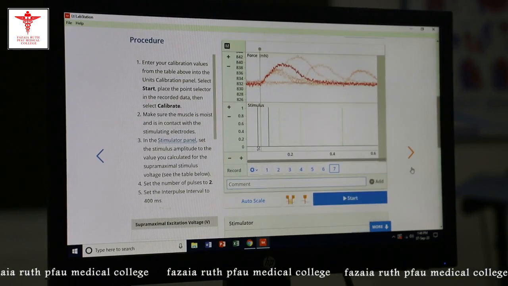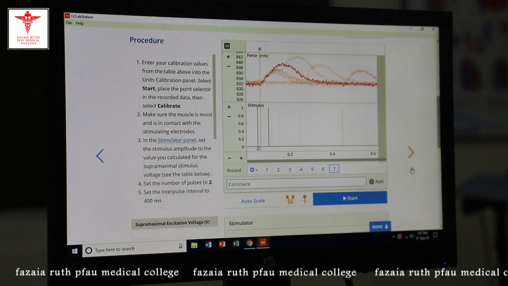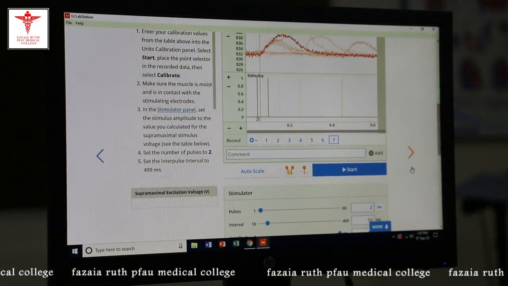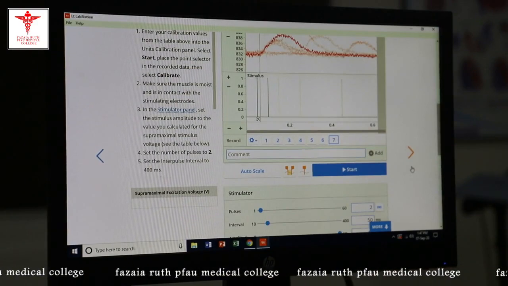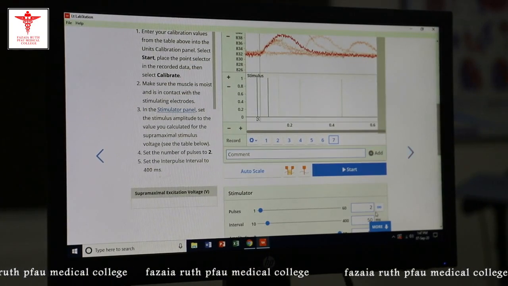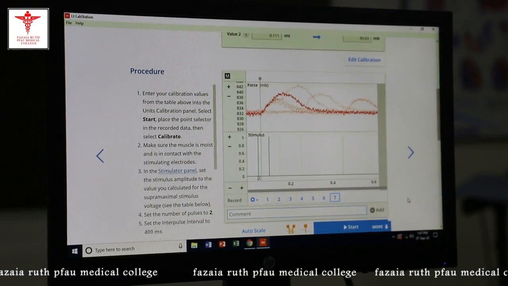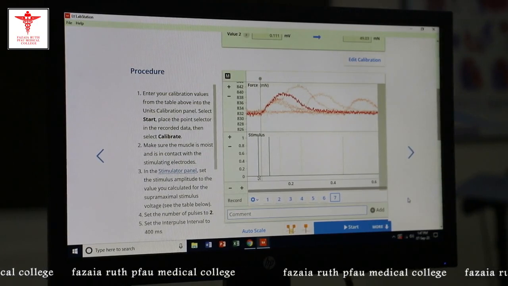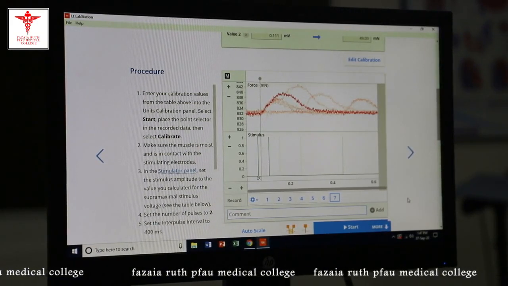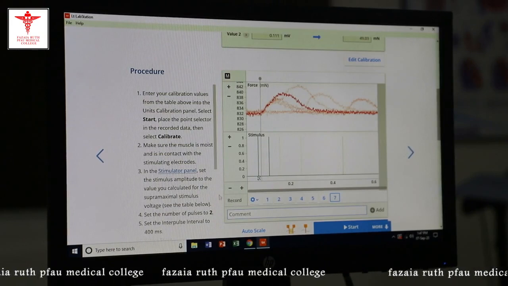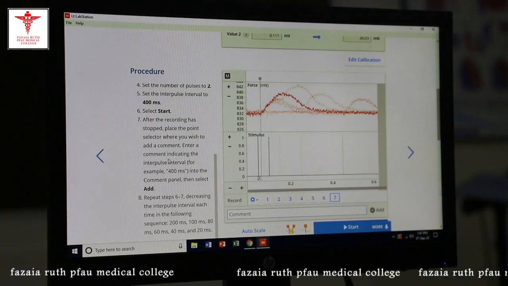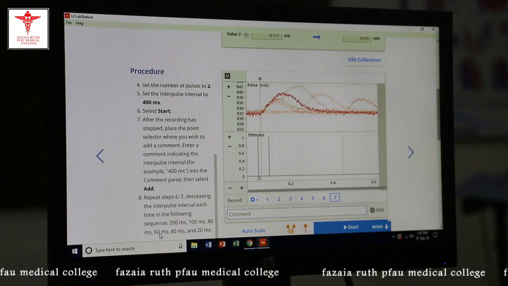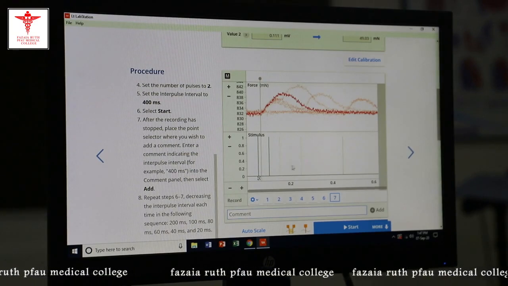Before, when we started with the twitch, we did only one pulse, meaning we gave only one stimulation, and the graph appeared. Over here in summation, we are going to give 2 pulses, and we are going to add the stimuli, right? First at 400 ms, then at 200, then at 100, then 80, then 60, then 40, and then 20.